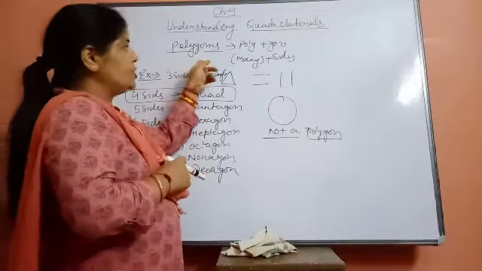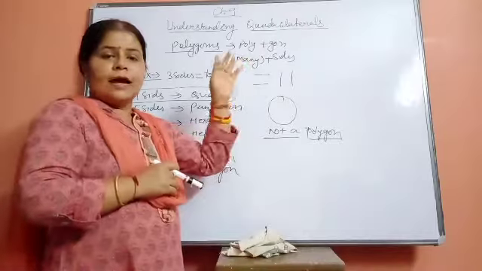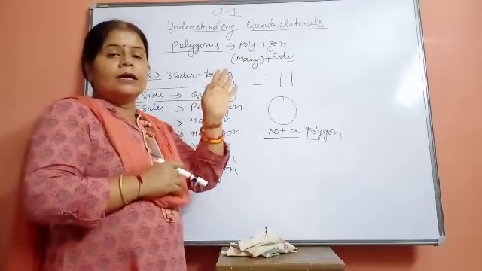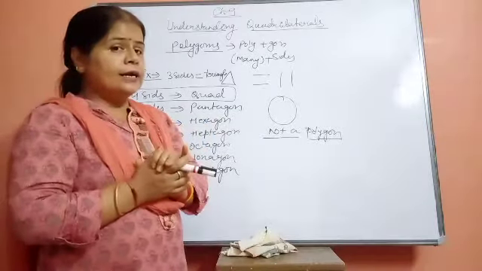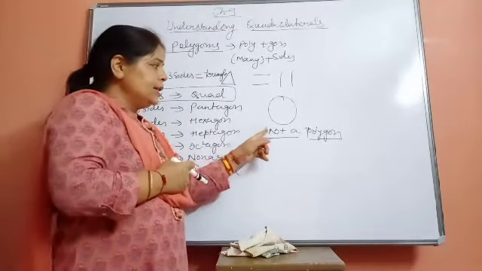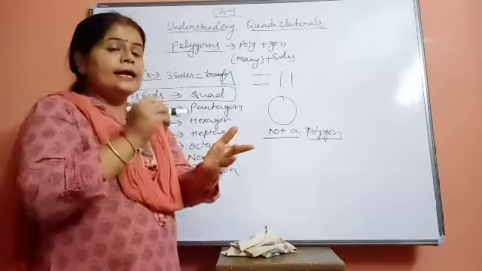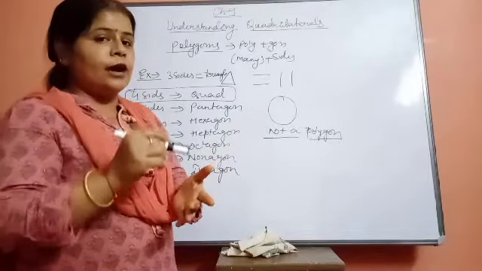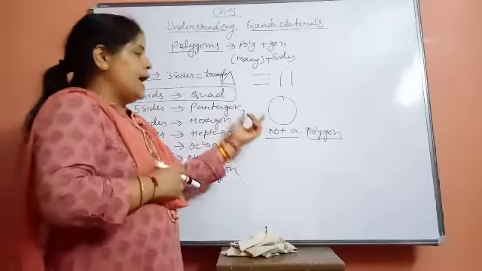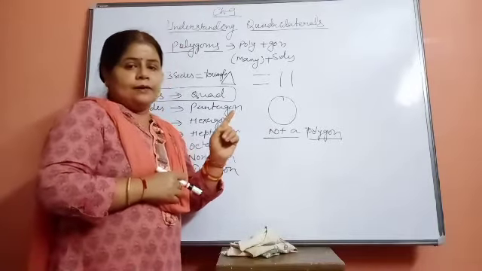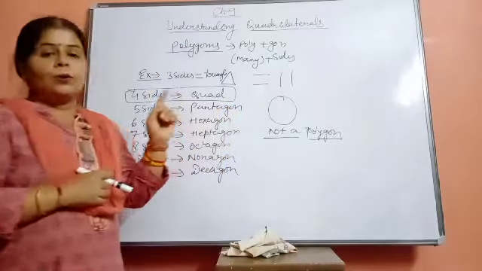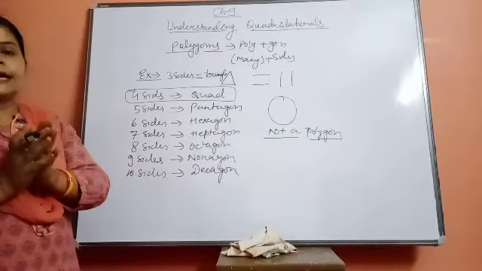In our definition we said that a polygon is a figure having a finite number of line segments. A circle is a combination of infinite line segments, hence a circle is not a polygon.